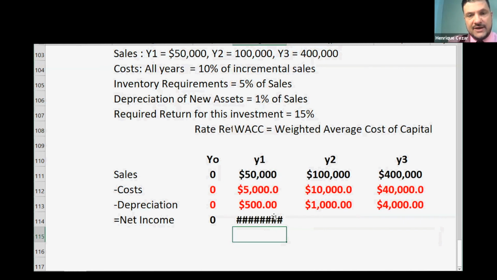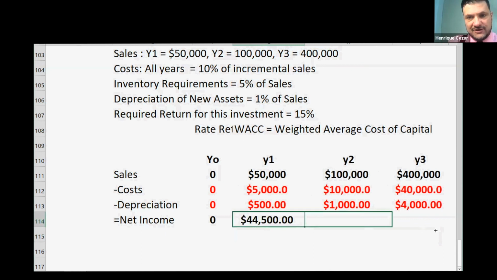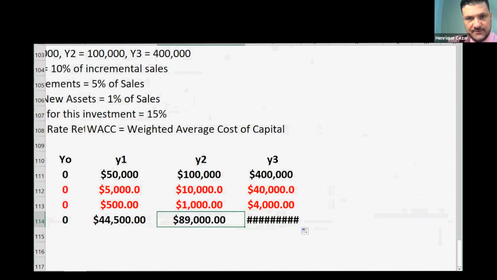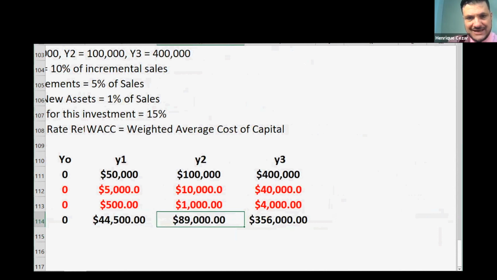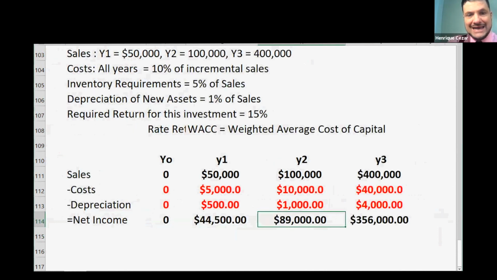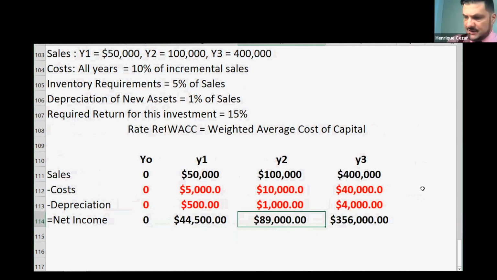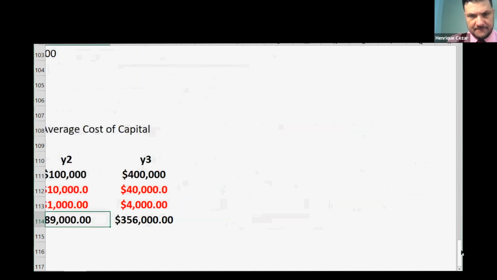So this means you made $44,500 on year 1, $89,000 in profit on year 2, and on year 3 you make $356,000 in profit. All right, we're almost done there. How many more minutes do I have? Okay, I have 8 minutes. It's plenty. All right.